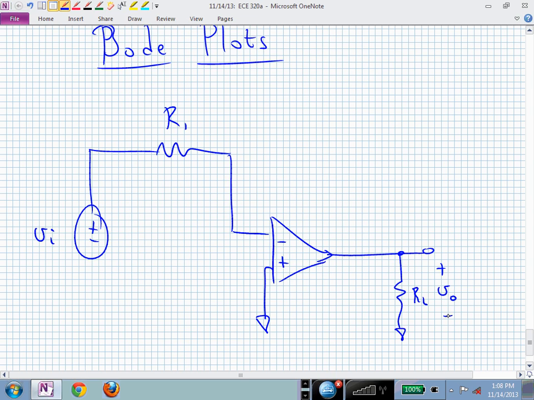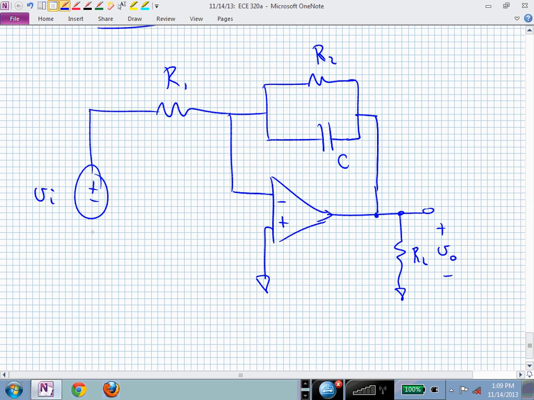Here's now our V sub 0. And let's put something in the feedback path and make that something frequency dependent. And now we have a circuit.